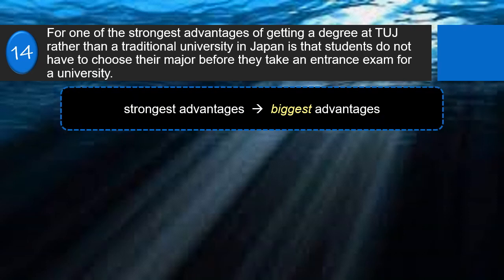First, strongest advantages. No, you use the adjective biggest advantage. Just remember that pattern. Biggest advantage, biggest disadvantage. Next, getting a degree, yeah, all right, but to get a degree, you have to study. So simplify.